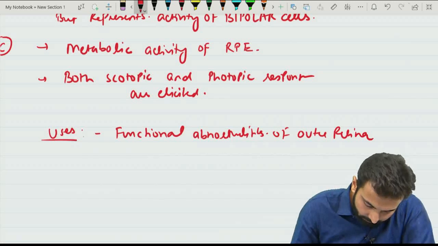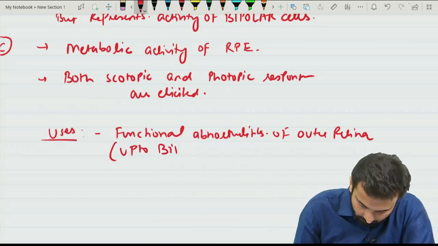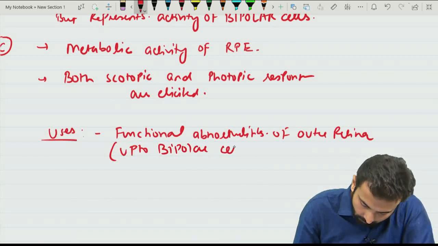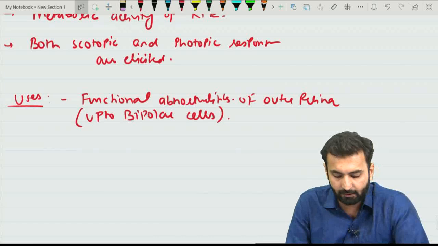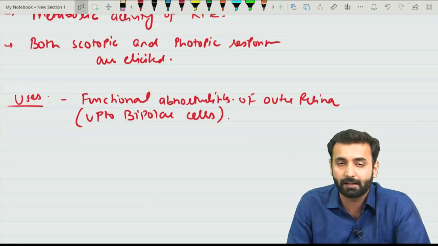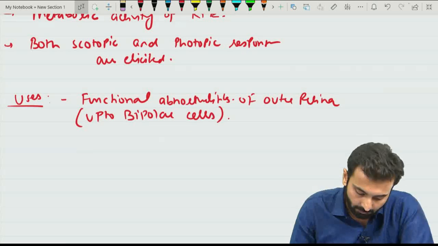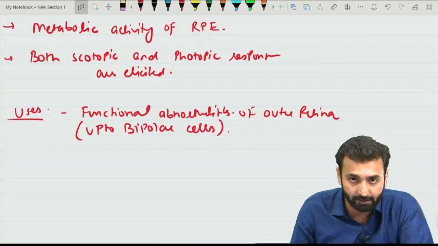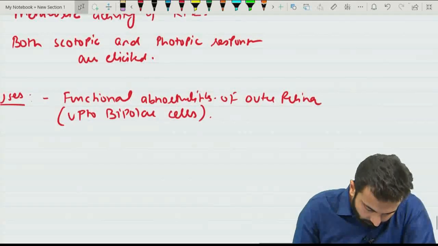By outer retina, we mean up to the bipolar cell layer, right? So you can detect the functional abnormalities of outer retina much before the appearance of ophthalmological findings. So there is early detection you can do with the help of ERG, right?